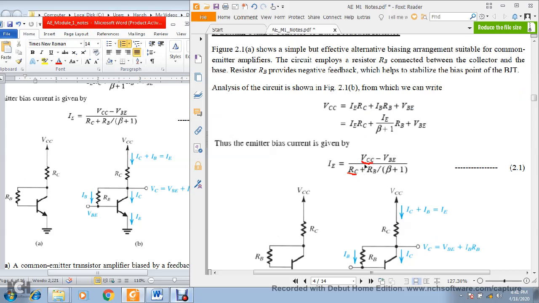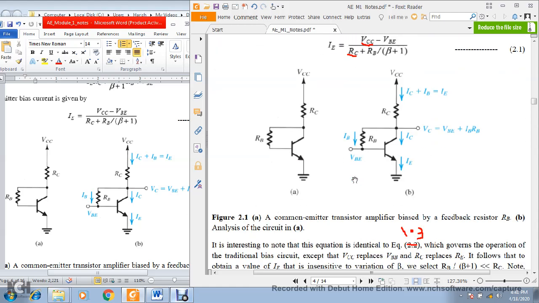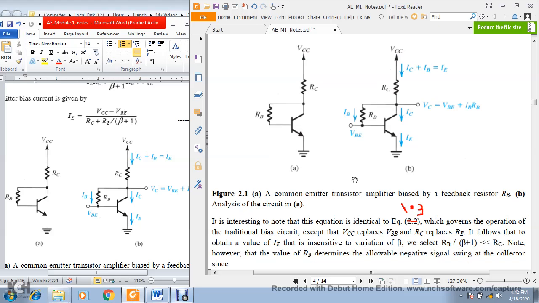If you compare this with the previous emitter current equation, the only change you find is VCC and RC. There it was VBB and RE. Now here it is VCC and RC, and the rest of the explanation also holds good for this.